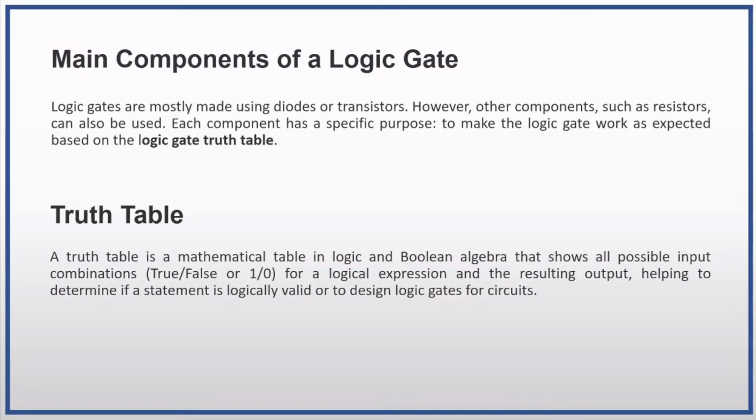You should know that if there are n inputs, the number of all possible input combinations is 2 to the power n. So if there are three inputs A, B, C, there are 2 to the power 3 combinations, that means 8 combinations.